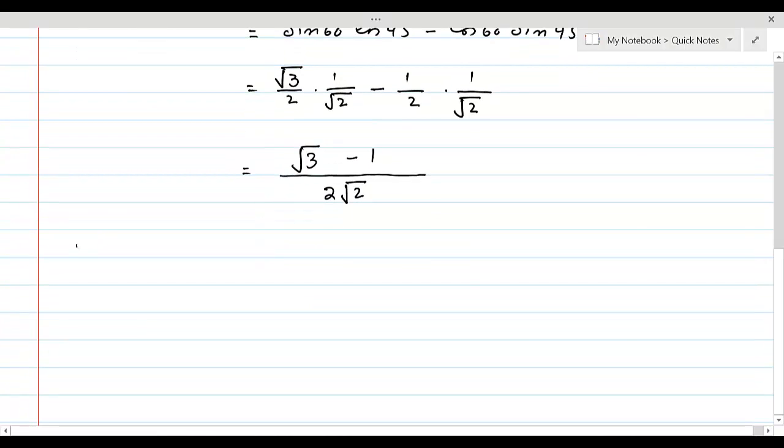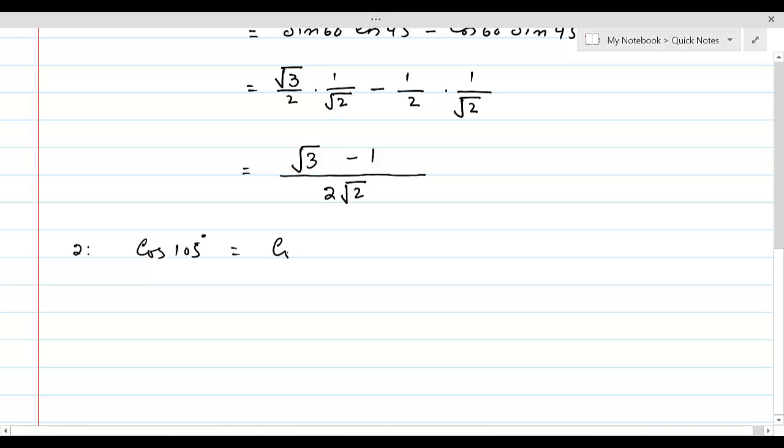Similarly, if we want to find the value of cos of 105 degrees, this you can see is equal to the sum of the two values 60 and 45.